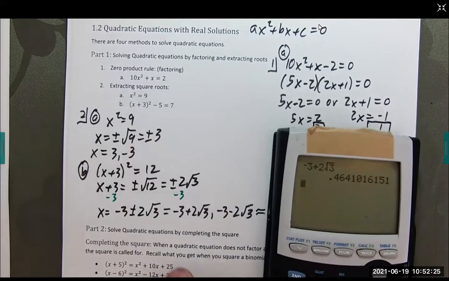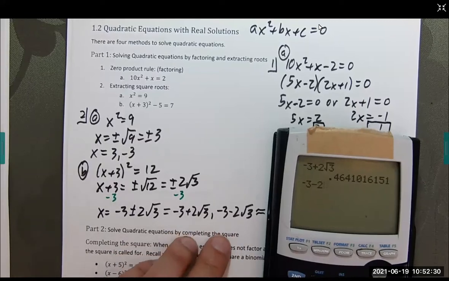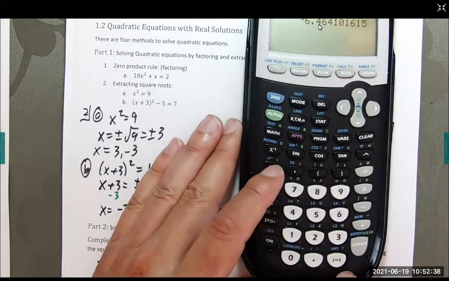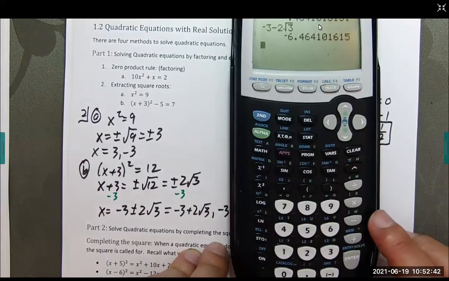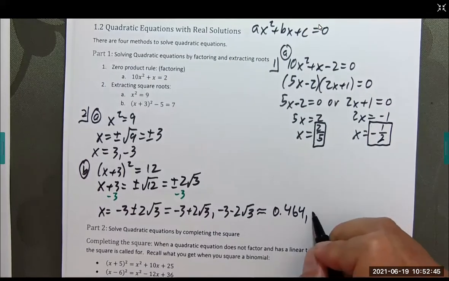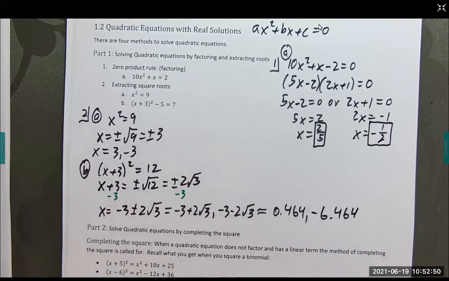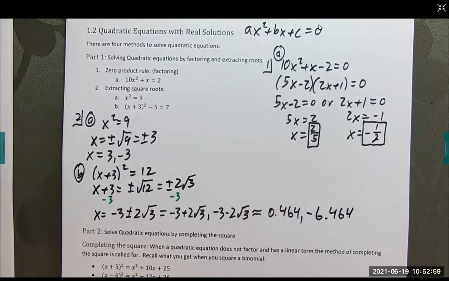We have the subtract one, negative 3 minus 2 radical 3. And to be clear, that first negative, that's the negative button. The second one is the subtract button. 6.464. So depending on your homework system and your teacher, these may be okay, these may be fine. All right, moving on, part 2.